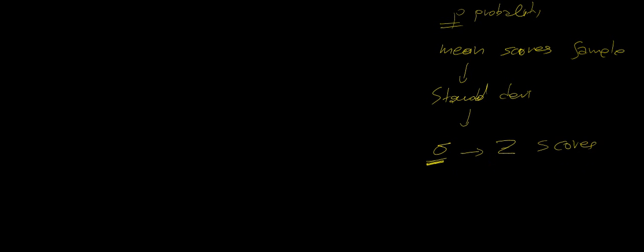That means how many standard deviations our hypothesis is away from the mean, and after the Z scores, we will be able to find the probability. That is the P value. So I will guide you how to do all this based on the following scenario.